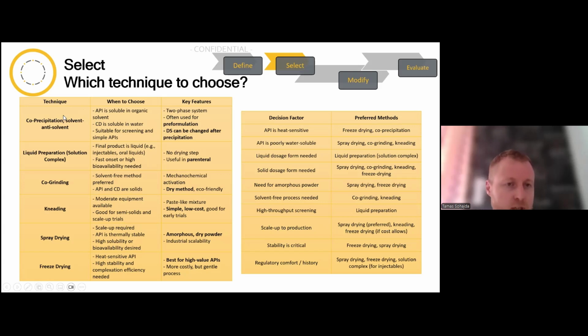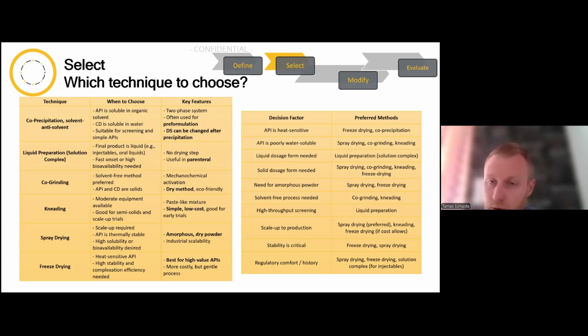You can see co-precipitation, liquid preparation, co-grinding, kneading, spray drying, freeze drying. What we usually say is that it's always the active ingredient and the final use. These two are the key factors in determining what kind of technique to use to make the complex.